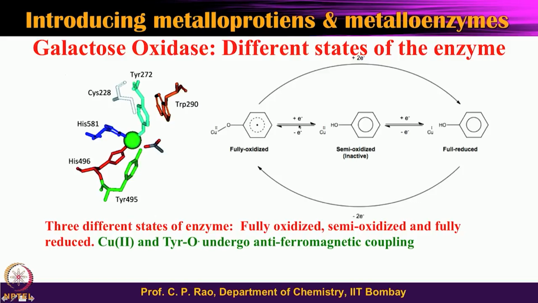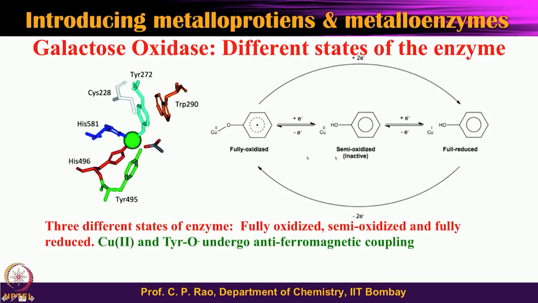Then when you add one electron, this radical will be compensated, and then neutral, and therefore you have a semi reduced form, and then you add one more electron, the second electron, then that will become copper 1. So, copper 2 radical, copper 2 neutral, copper 1 neutral.